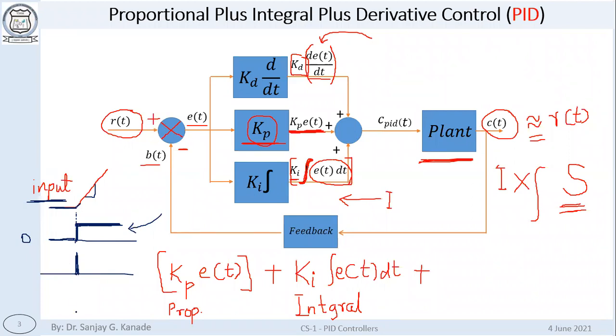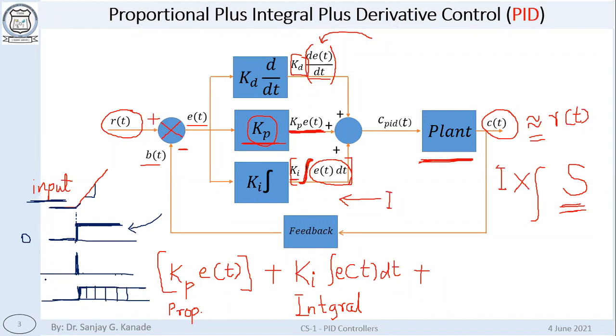Integrate means continuous summation of all the previous values. So if the value is 1, and then 0, 0, 0, 0, 0, what will be the integration? It will be 1, and it will remain 1 all the time, because the sum of all the previous elements of the input is 1. We get a signal like this.